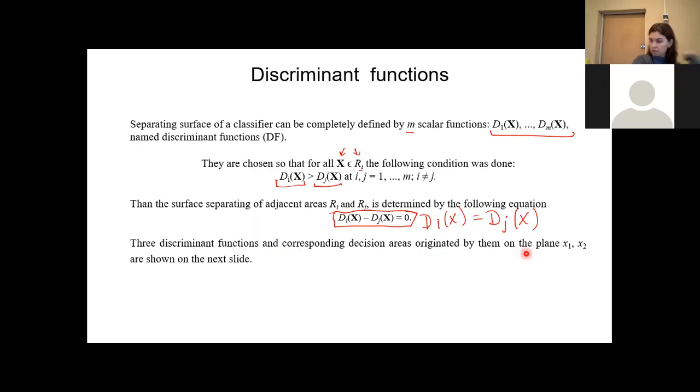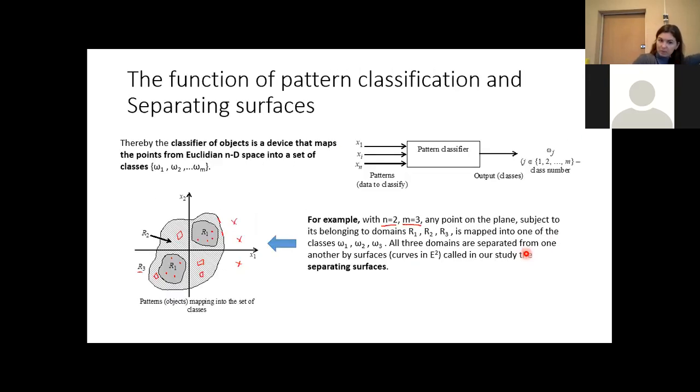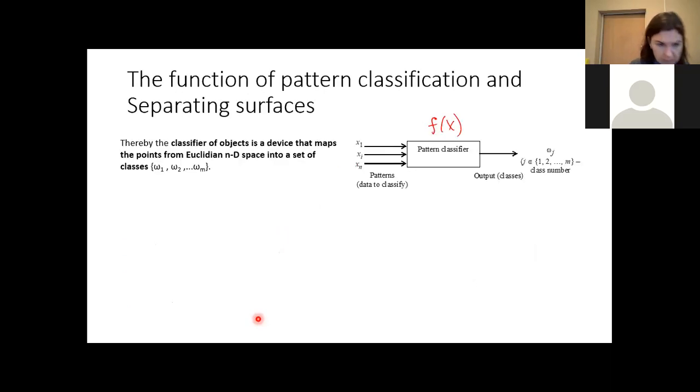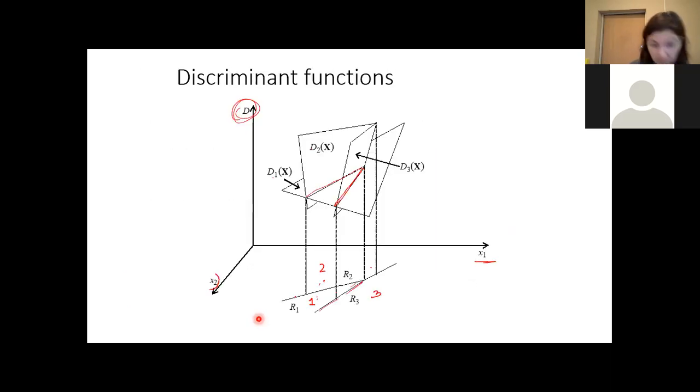Let's suppose we have 3 classes and 2 features. It will be our discriminant function of x.